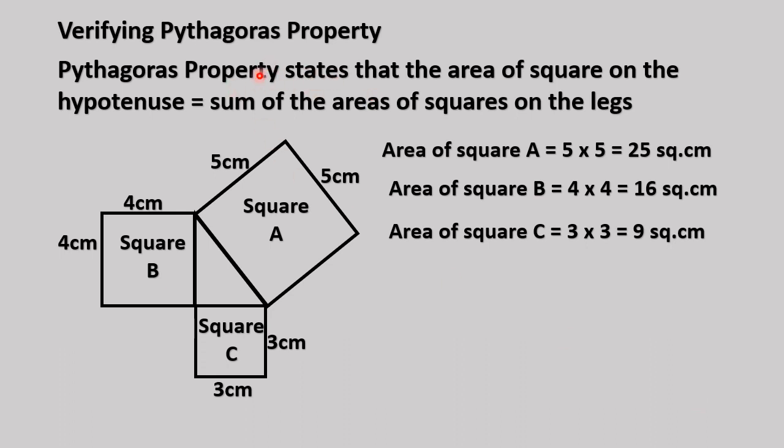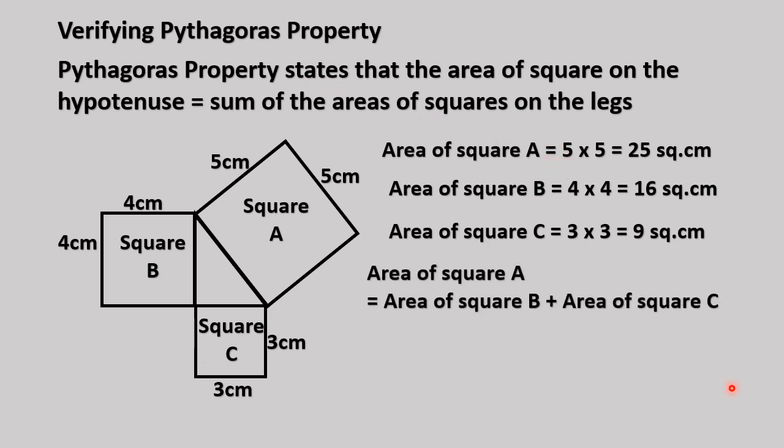As per this property, area of square A equals area of square B plus area of square C. So 25 equals 16 plus 9. Yes, that means A square is equal to B square plus C square.